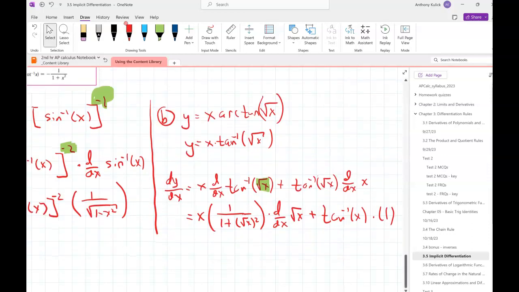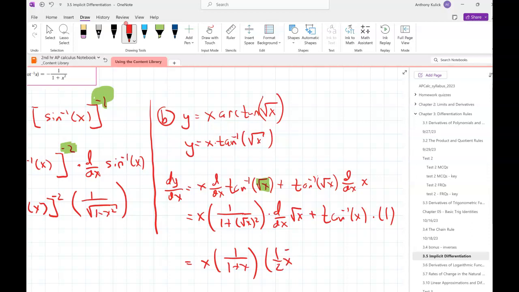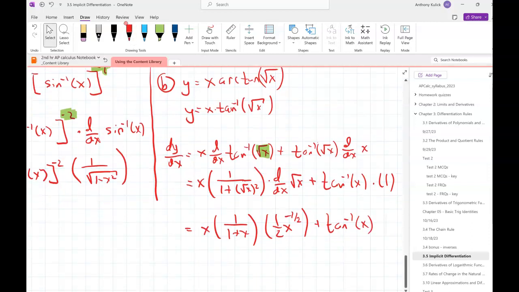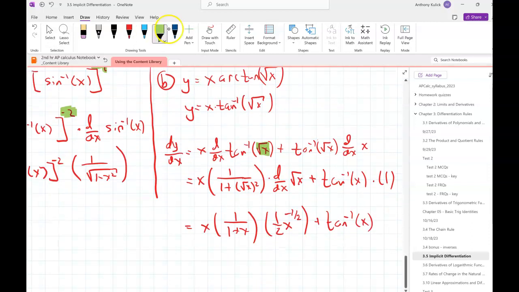How do I do the derivative of square root x? 1/2 x to the negative 1/2. And then if I combine my like terms here, what's x times x to the negative half?